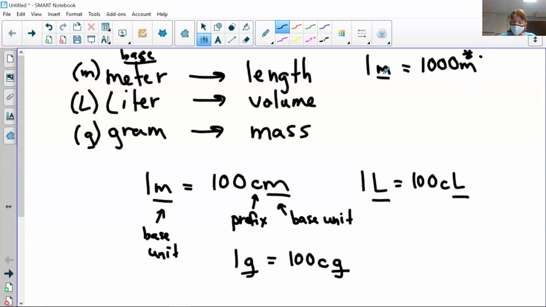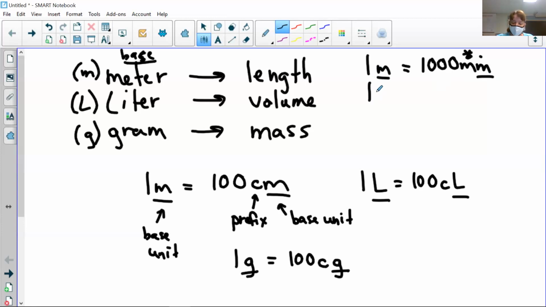And so in this case, because our base unit is meter, 1 base unit equals 1,000 milli of your base unit. That meter could be changed to grams. It could be changed to liters. Okay, so it could have been 1 liter equals 1,000 milliliters. So that's one relationship you need to know. A milli is 1,000 of your base unit.